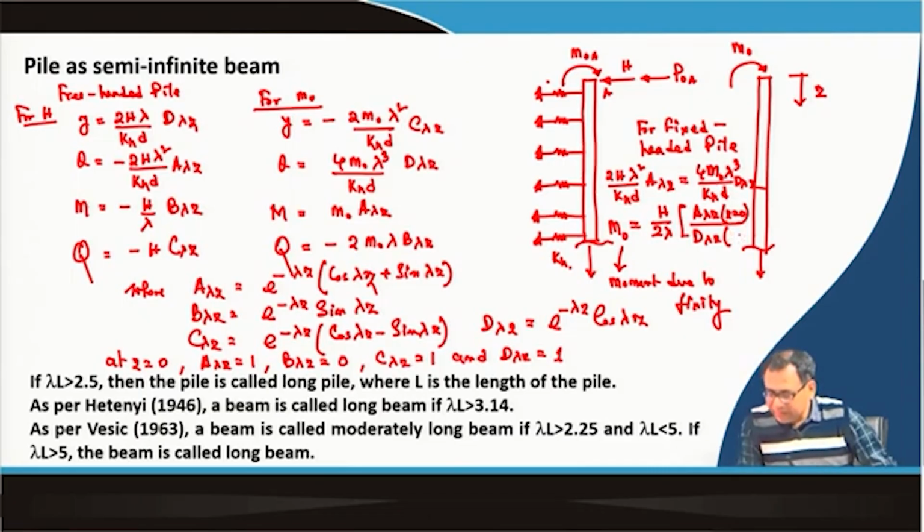As I mentioned, at z equal to 0, A lambda z is equal to 1 and D lambda z is equal to 1. So, it will cancel out.